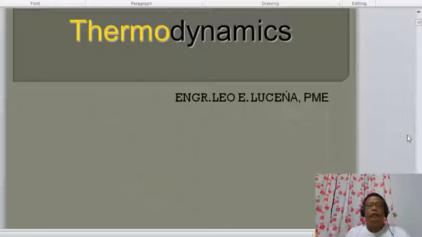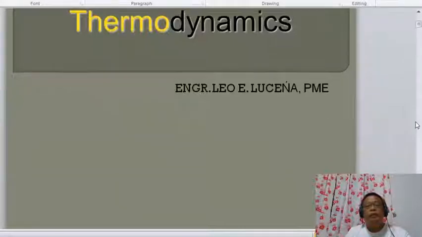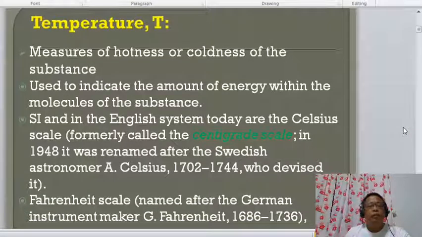So we know already the different pressure readings: what is an absolute pressure, what is a gauge pressure, and what is a vacuum pressure. Okay. So by this time, we are now going to discuss the temperature.